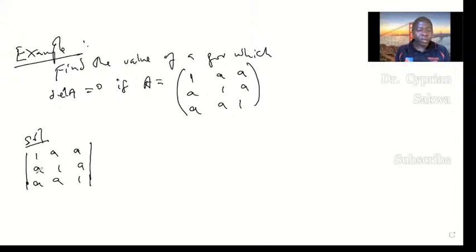So what I want is row 2 minus r row 1, and row 3 minus r row 1.